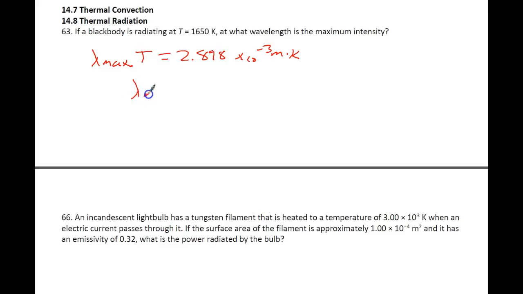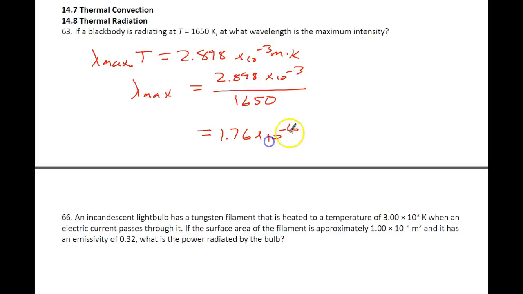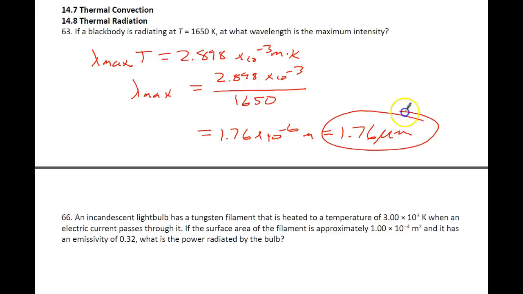So here, our maximum is equal to 2.898 times 10 to the negative third, all over 1650 Kelvin. That's our temperature. And we end up with 1.76 times 10 to the negative sixth meters, which is 1.76 micrometers. And that is our final answer for 63.